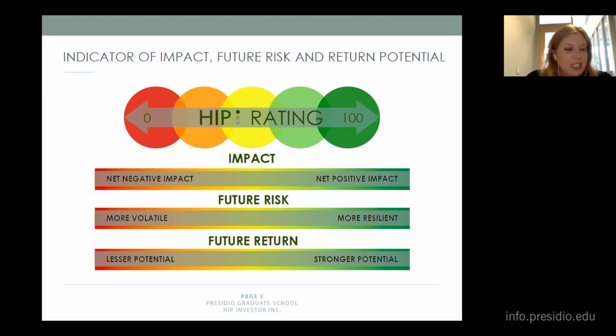We have a rating system that looks at various investments, everything from stocks to municipal bonds, and rates them on their net impact. HIP ratings are an indicator of future risk and return potential. It was actually formed based on Maslow's hierarchy of needs with the underlying pillars of health, wealth, earth, equality, and trust. And you'll notice that's a different terminology than what we're talking about today on the call.